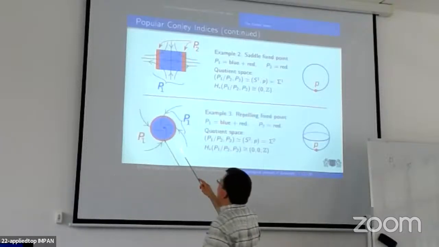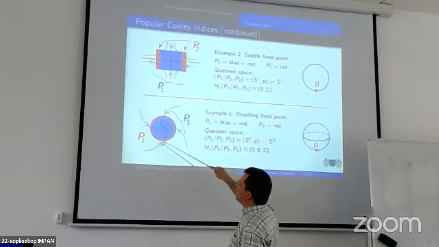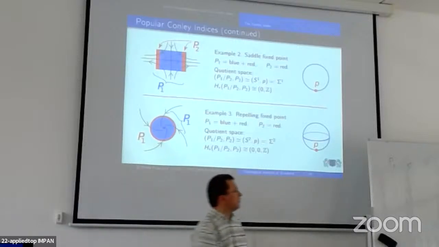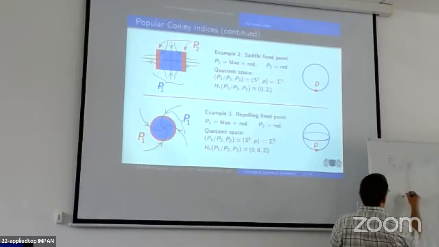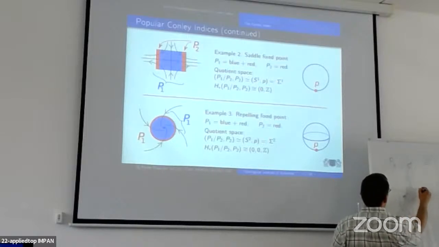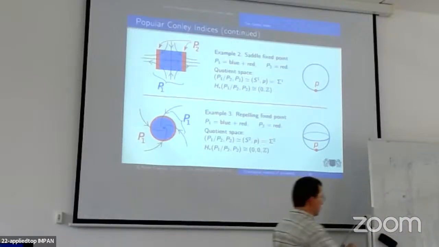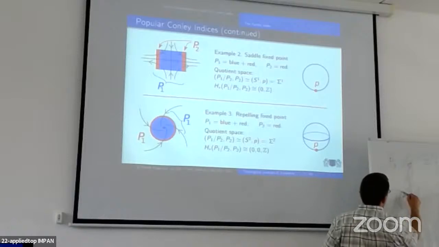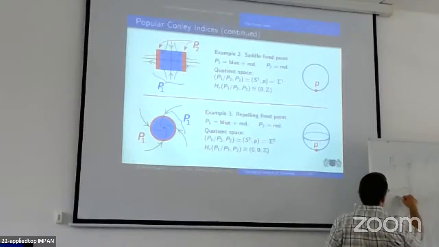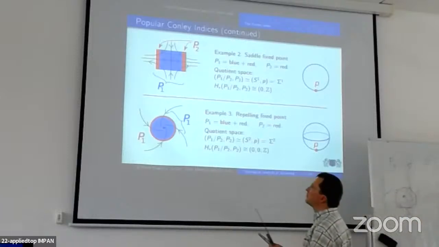If we have a repelling fixed point, I didn't revert, I should revert the arrows here. So this should be a repeller. With a fixed point, all the trajectories are outside. When we take the isolating neighborhood, this is an example of one, and the exit set, the trajectories will be exiting through the boundary of this disk.